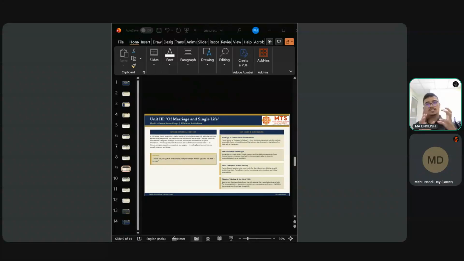In this essay, he writes with characteristic Renaissance pragmatism, meaning he approaches marriage not as a romantic or sentimental subject, but as a social and moral institution to be analyzed rationally and practically. He weighs the practical advantages and disadvantages of married life versus single life in a very analytical, almost clinical manner.